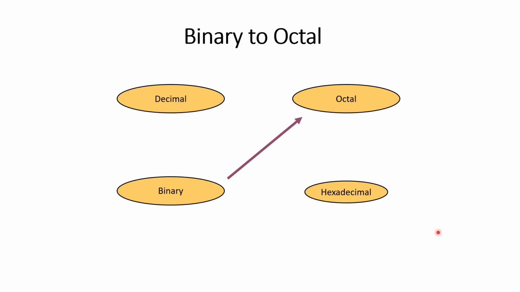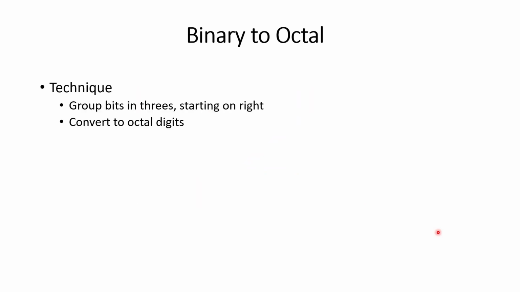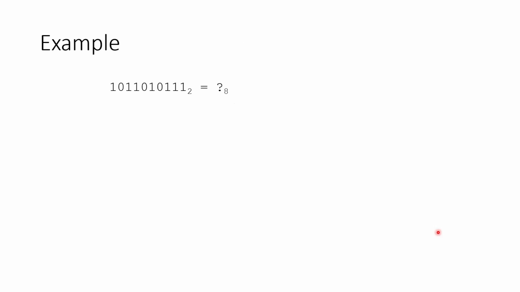And now we are going to see binary to octal, and the technique is to group bits in threes starting on the right and convert to octal digits. So what is that? You have a binary number and you have to convert it to octal. So you have to divide the digits into three parts, where each part will have three digits.